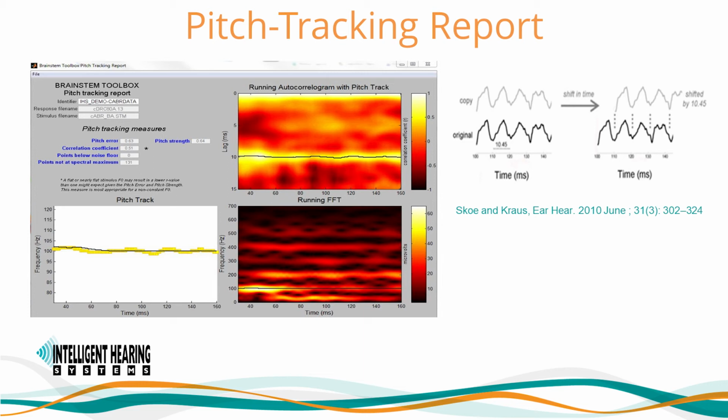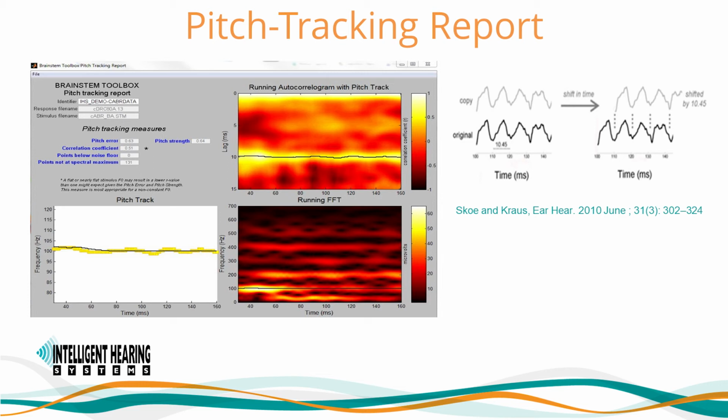Given the nature of Pearson's correlations, the measure is most appropriate for a non-constant F0. A flat or nearly flat F0, as in this case, may result in a lower R value than one might expect given the pitch error and pitch strength.